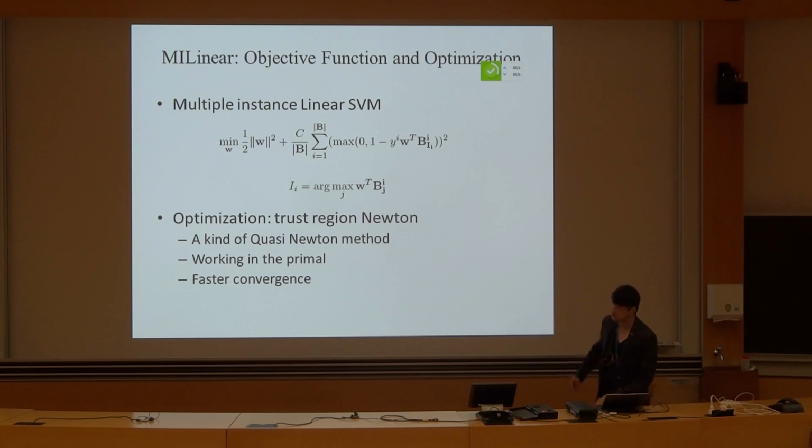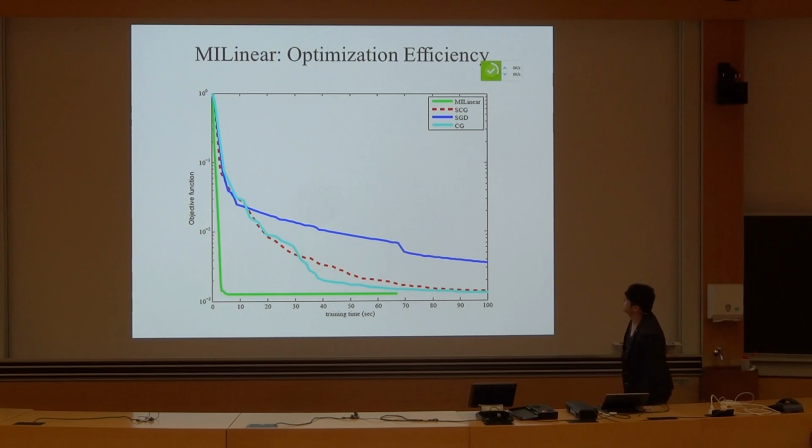We use the trust region method to optimize. Here is the comparison of different optimization algorithms for our objective function. The green line is our method, and the others are also our method but using different optimization algorithms. We can see that the trust region can converge very fast.